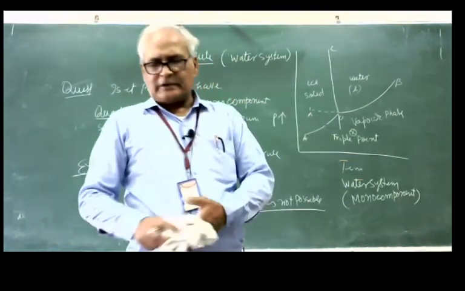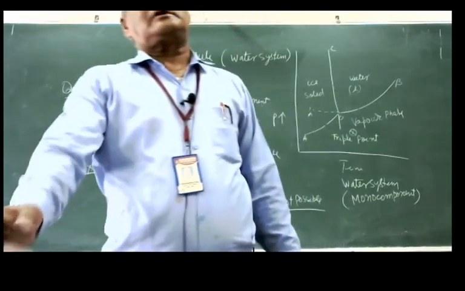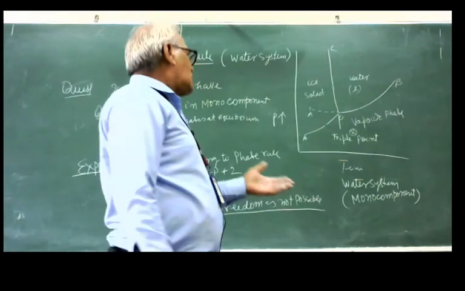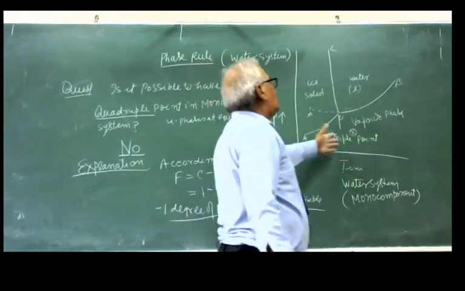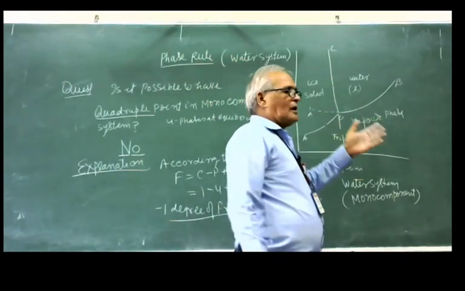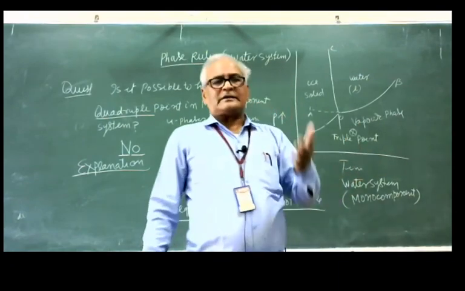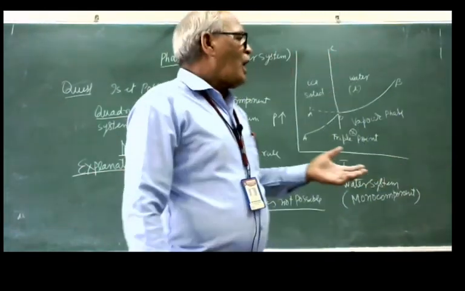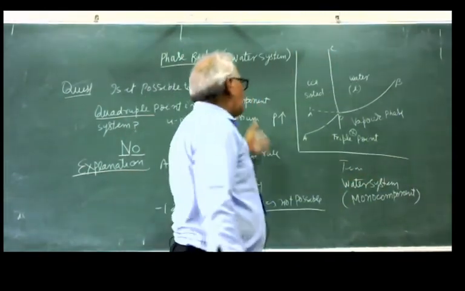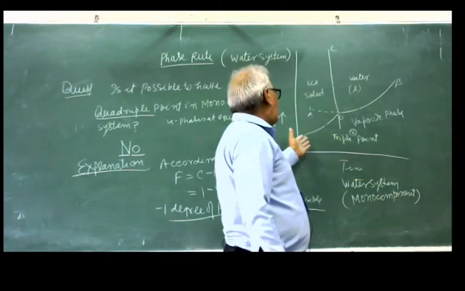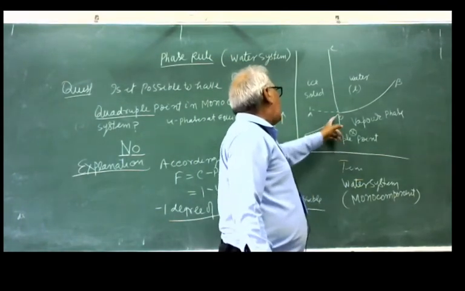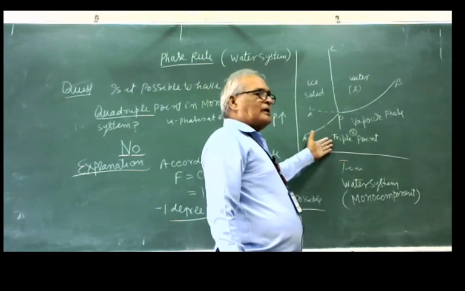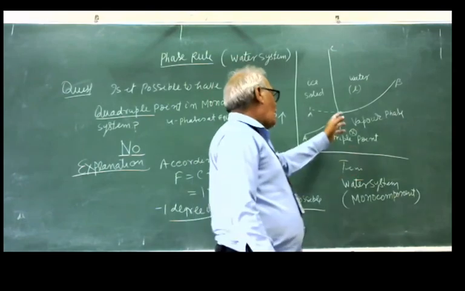So in this way, this is all about the terms used in the phase rule and the phase diagram. If you explain the water system, that is, give the salient features of the water system, you have to explain the components and degree of freedom. At AO, solid and vapor are in equilibrium, degree of freedom is 1.